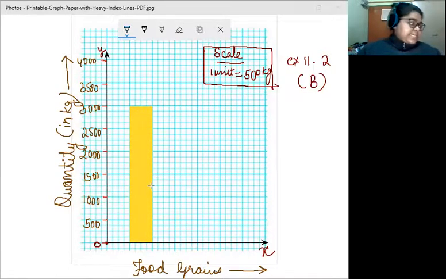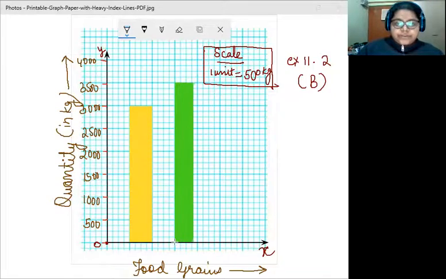Now, next is wheat. Did you see I had left one unit full? So again, you have to leave one unit. Then you do the next one, wheat. Wheat is 3,500. Let's take some other color. 3,500. See, not here. It should be fully completed like this.